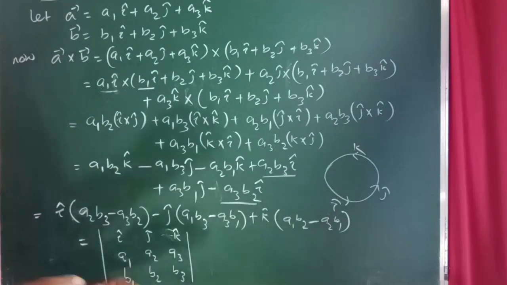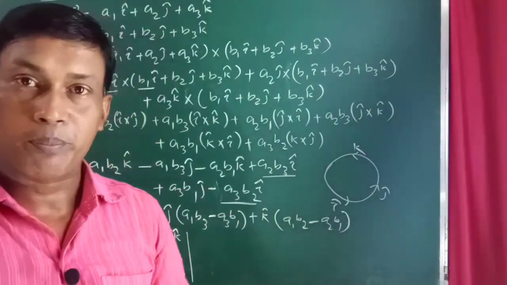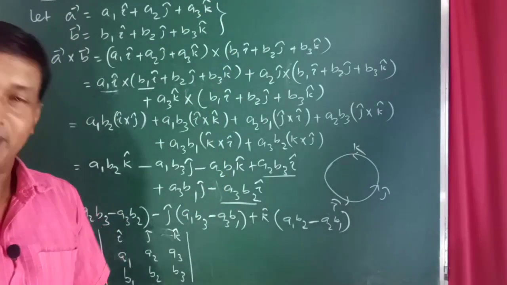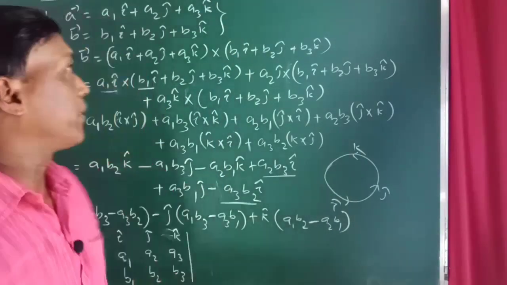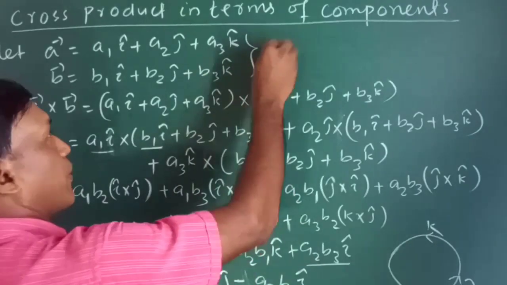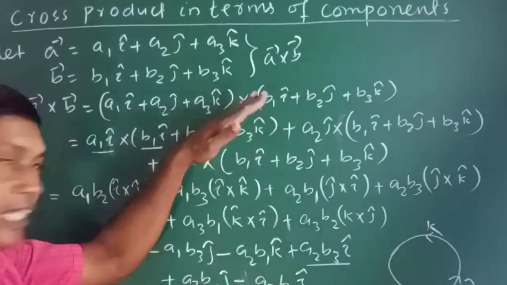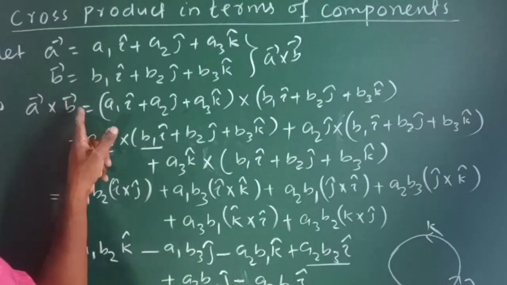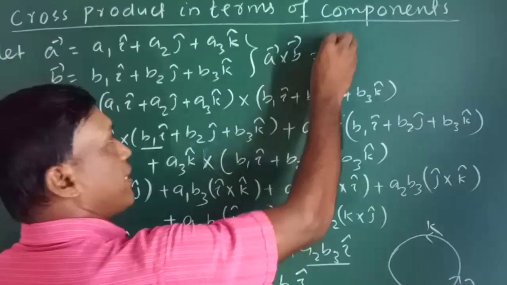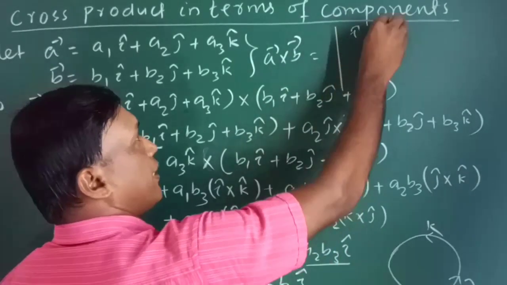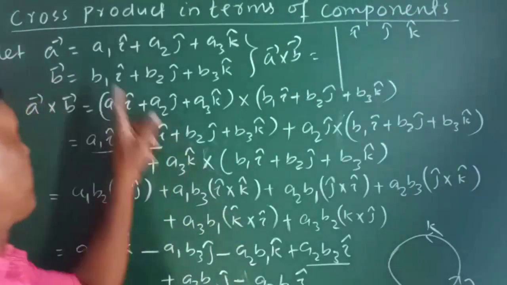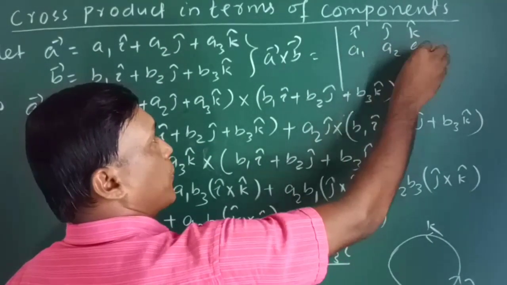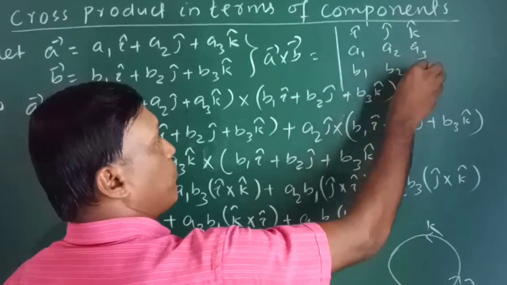So dear students, how can you find the cross product of two vectors? If you are given two vectors A and B, then you can write A cross B. This is the derivation process, but you need not write this. Now if A vector and B vector are given, A cross B is a determinant which is i, j, k, first is the components of A vector, A1 A2 A3, B1 B2 B3.